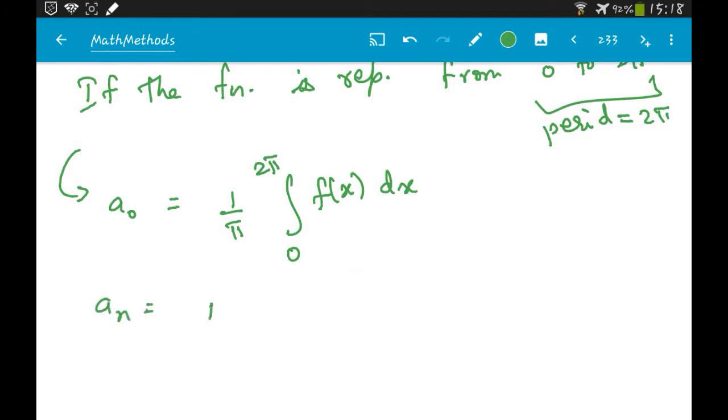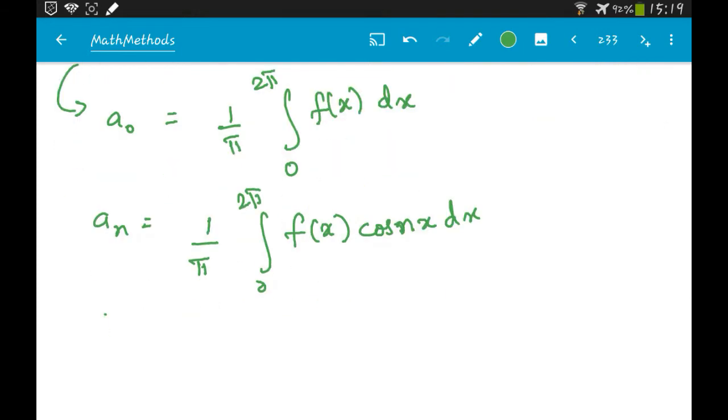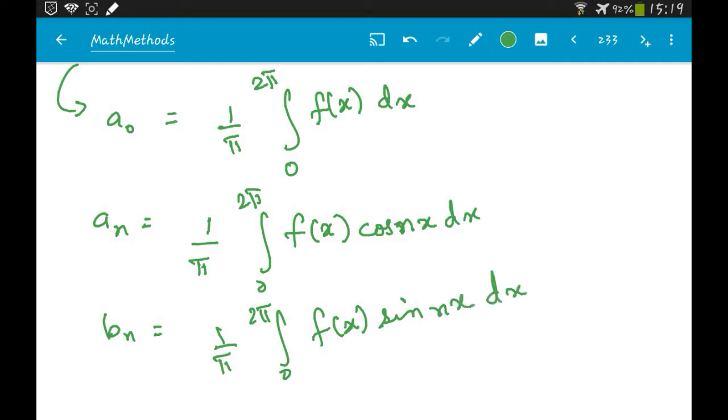An will be 1 by pi, 0 to 2 pi f of x cos nx dx, and bn will be 1 by pi, 0 to 2 pi f of x sin nx dx.